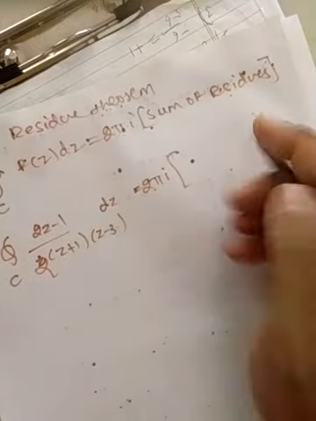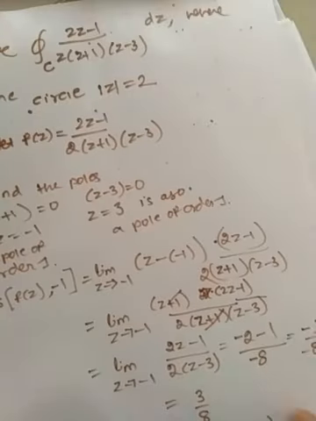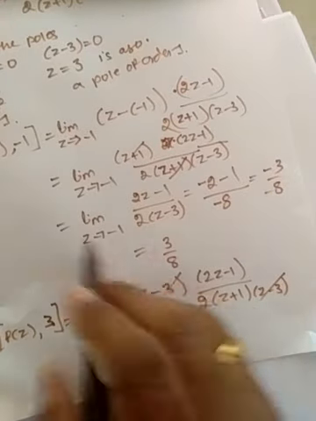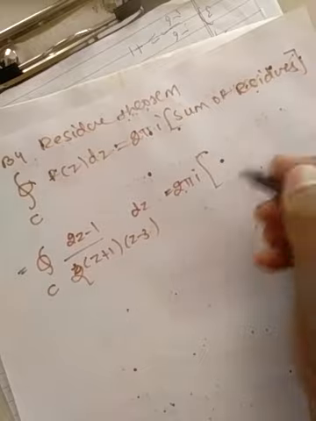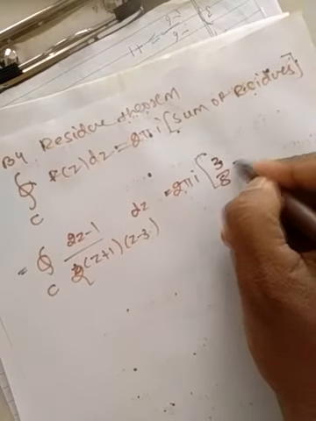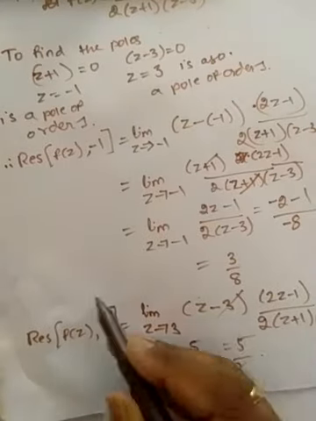So therefore 2 pi i into the first residue we obtained, 3 by 8. Okay, so this is the residue at z is equal to minus 1. Next, plus residue at z is equal to 3, which is 5 by 8.